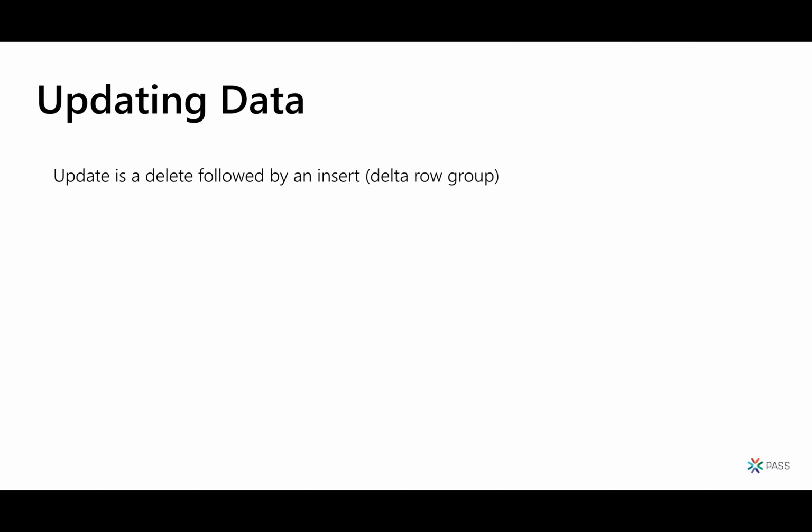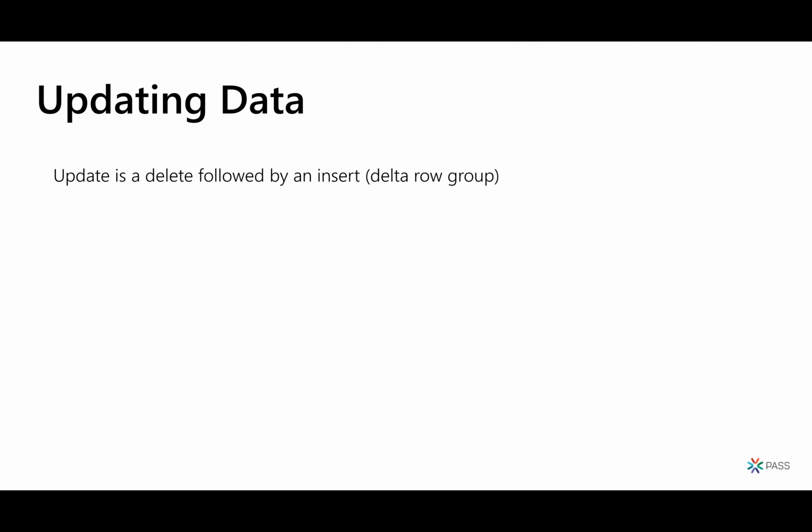So what happens now is if you update one row, they create this background table for the deleted row, and now you have to join with that table every time. And then they insert a new row, which goes into one of these delta stores and has to be joined as well and unioned together.